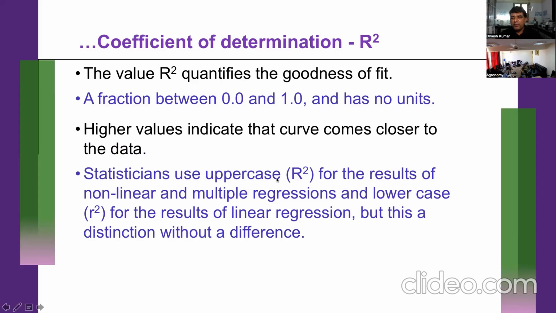And many times you will find that people write capital R square or small r square. To be honest, there is no difference. You can write capital R or small r. You can use any one of them. Similarly, capital R square or small r square, you can use synonymously or interchangeably.